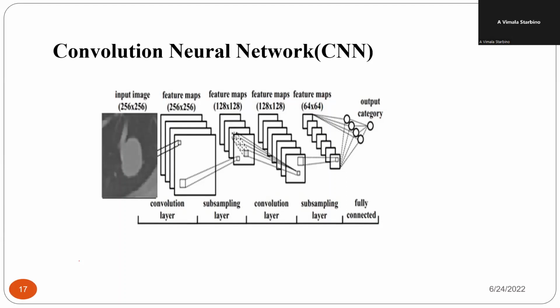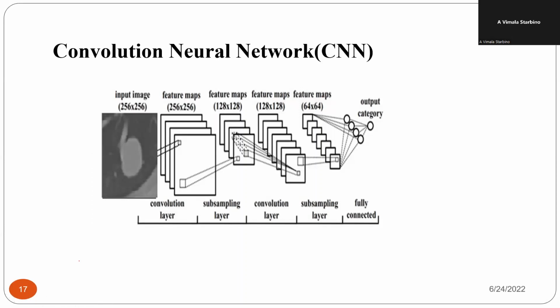So if I'm using 100 images, 1000 images, for all the 1000 images, it will do both the convolution as well as the pooling layer. The convolution layer will give an input to the pooling layer. The pooling layer will extract the features, and this goes to the next level.